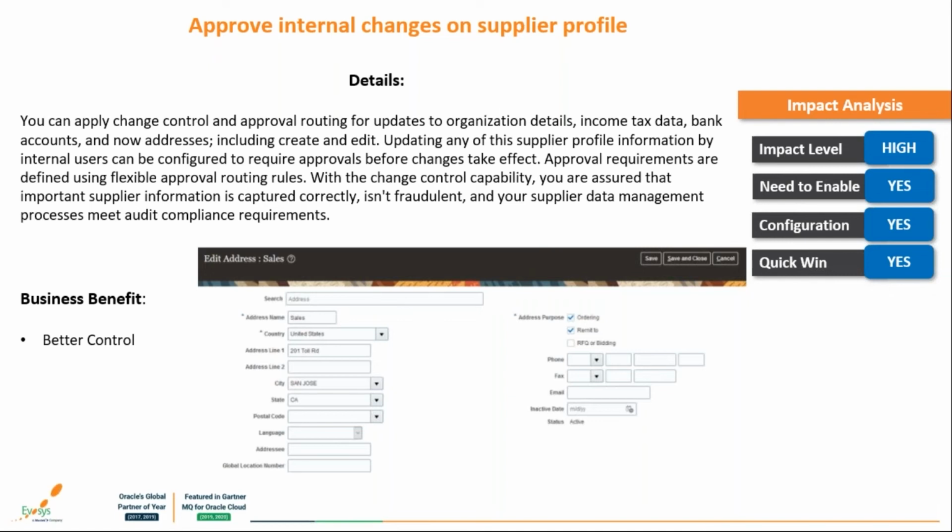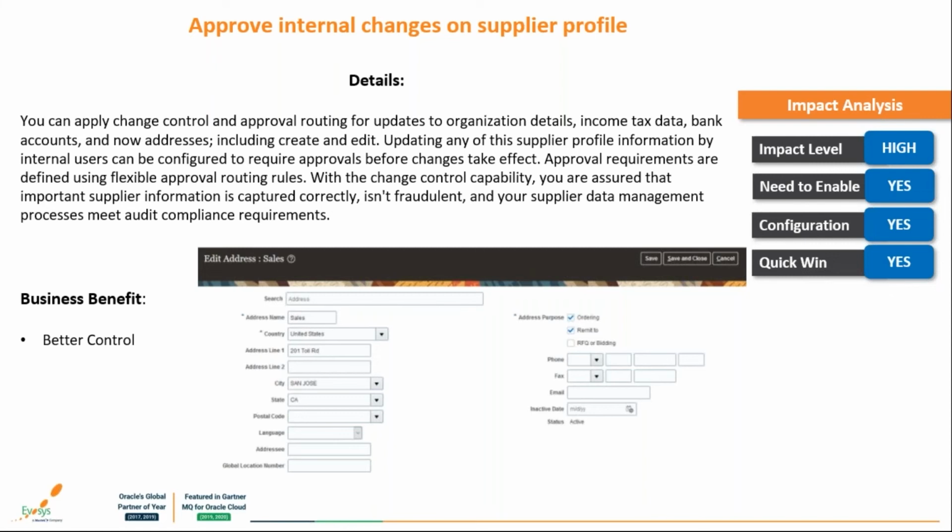Flexible approval routing rules are used to establish approval requirements. You can rest certain that critical supplier data is gathered correctly, isn't fake, and that your supplier data management process meets audit compliance standards thanks to the change control feature.